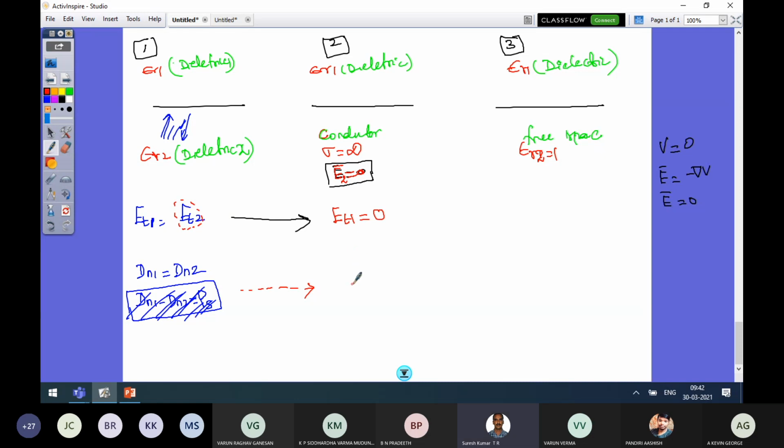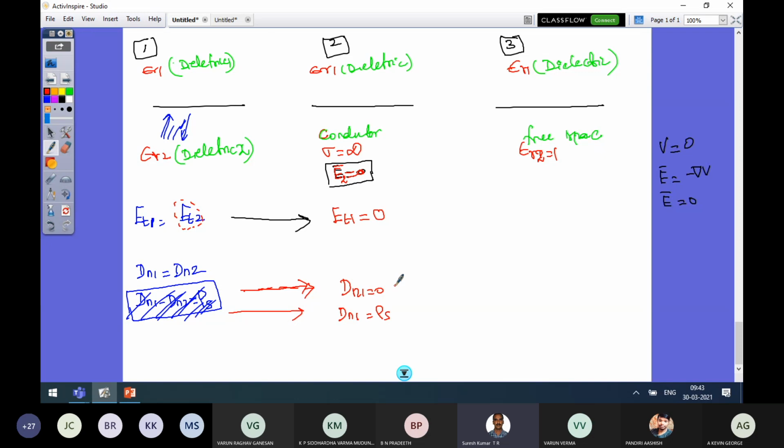Same way, Dn1 equal to Dn2. If the electric field is 0, then there will be no displacement component, right? So you can simply write Dn1 equal to 0 from this equation. Or, if you consider the second equation which I have struck out, you can say Dn1 equal to rho s if there are some charges. Now consider a conducting medium.